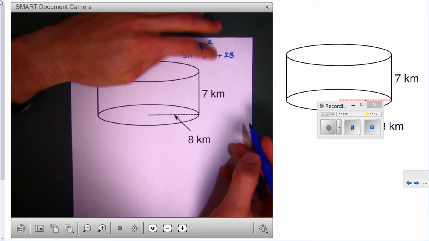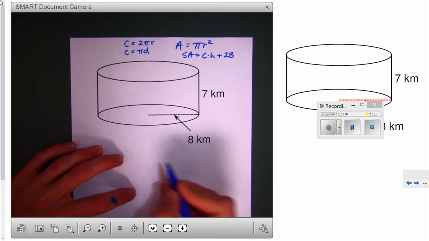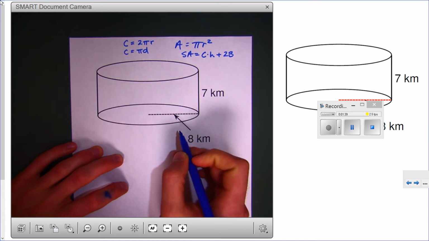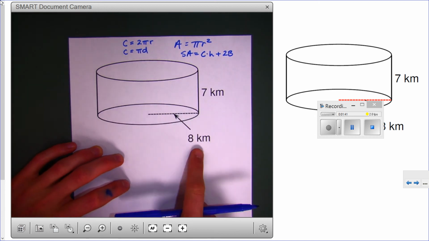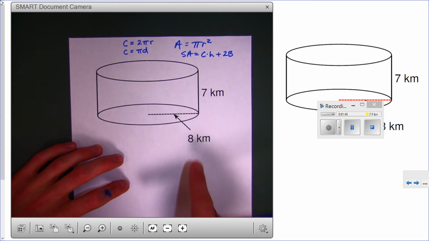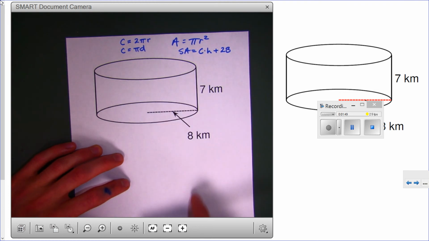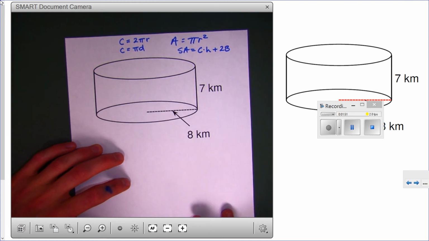Let's find the surface area. I need to find first the circumference of this cylinder. The radius of the cylinder is 8 kilometers. Dang, and it's 7 kilometers tall. Interesting unit choice here.